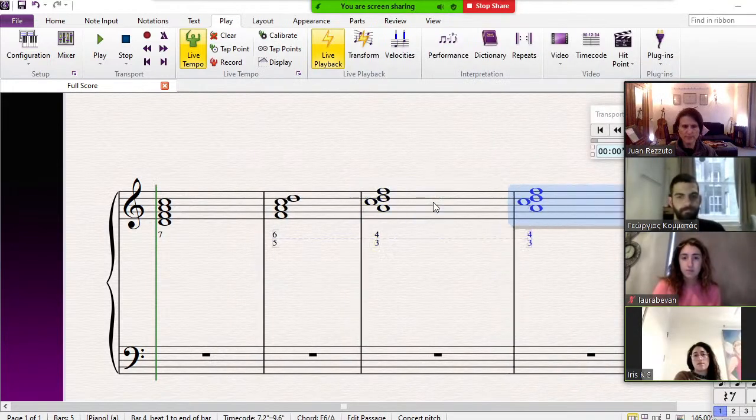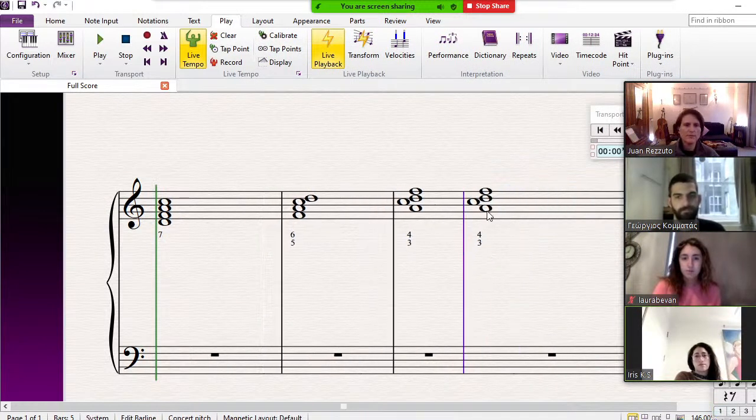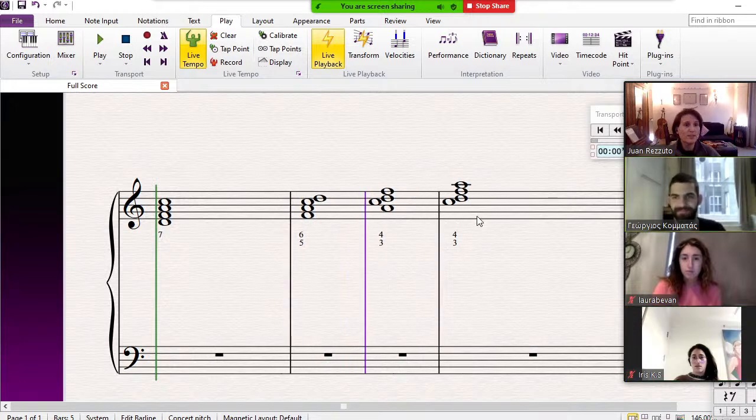Last one. If the 7th is on the bass, we have which inversion? Good. Third inversion. Yes, absolutely.